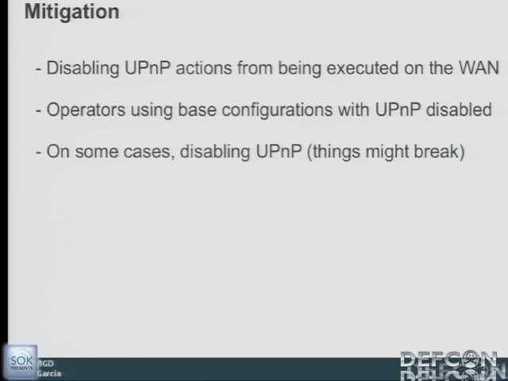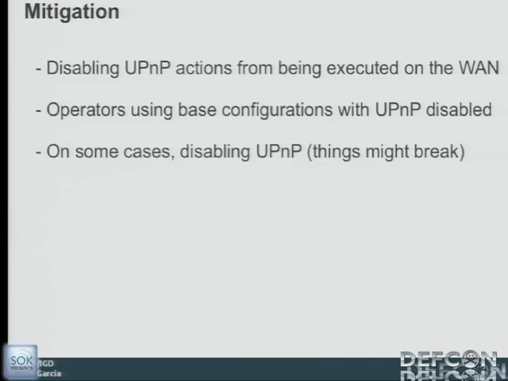Now, this is a big problem because most ISPs just say, that's not my problem. That's the customer's problem. I don't want to, it's an industry problem, which is, yeah, deplorable. And in some cases, if you don't have any other choice, you could just disable UPnP all the way, which is not good.